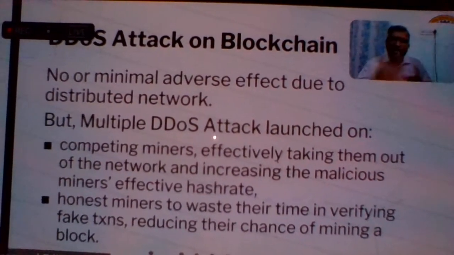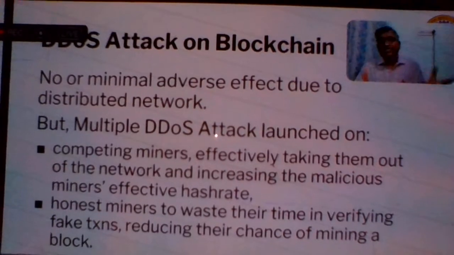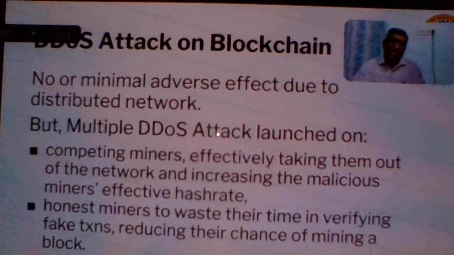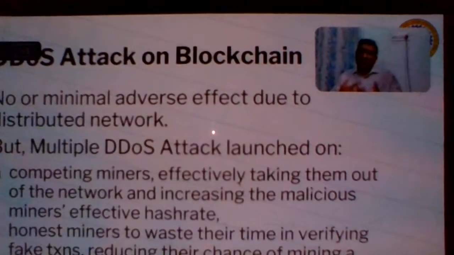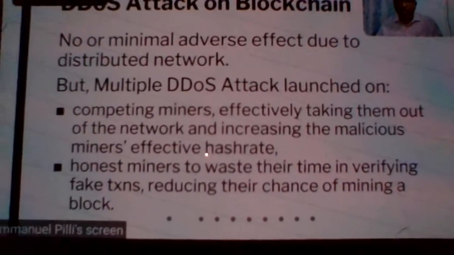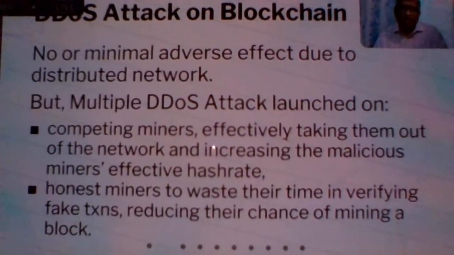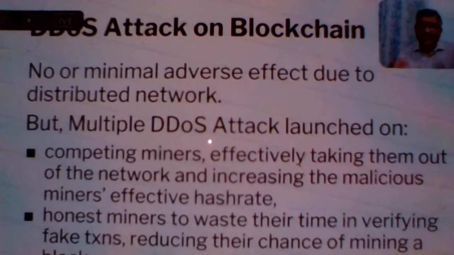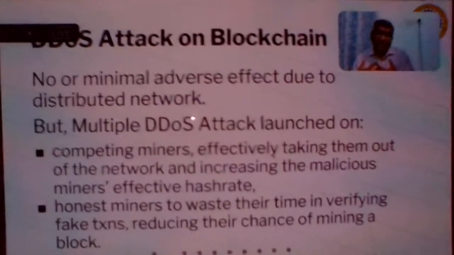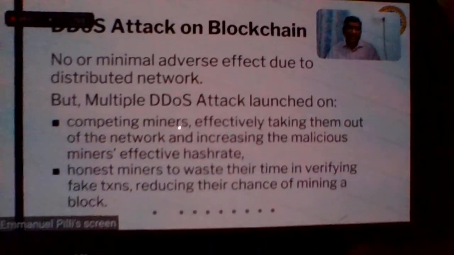Because they are running programs, and their systems are shut down, reset, and the network is down. All of these things happen, and there is a lot of problem. Hence, you launch them on competing miners. You take them off the network, and then you get a bigger share of the miners' hash rate.